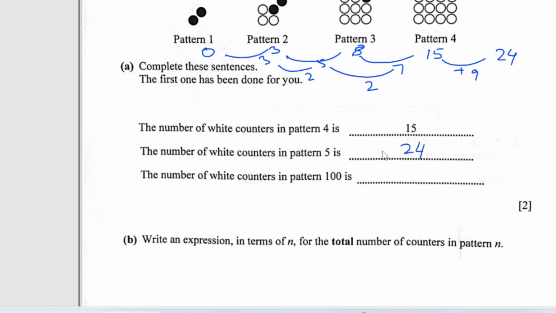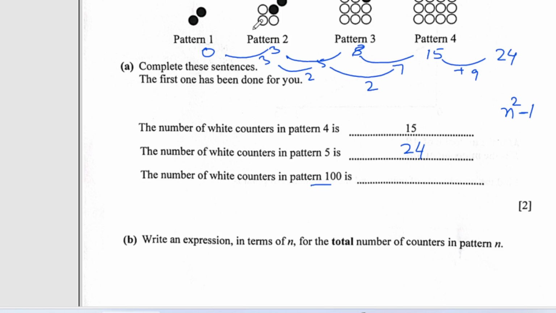The number of white counters in pattern 100: in the 100th pattern we have to see the sequence. There are 2 steps to get the common difference, so we will have n squared. n squared is the first term. For the first term there is no counter, so minus 1. So that's the pattern that we are going to use. And for the second term, n is 2, 2 squared minus 1, there are 3 white counters in this one.